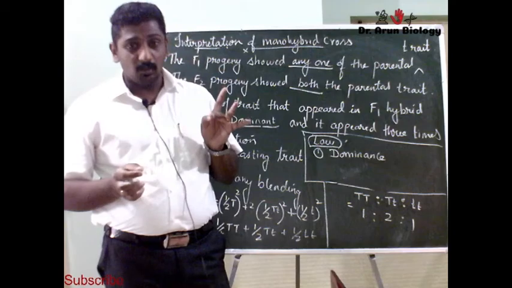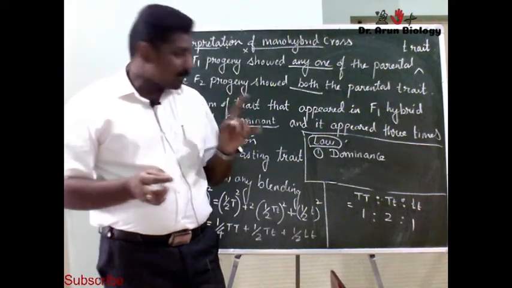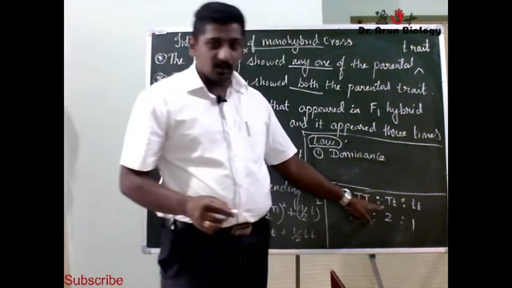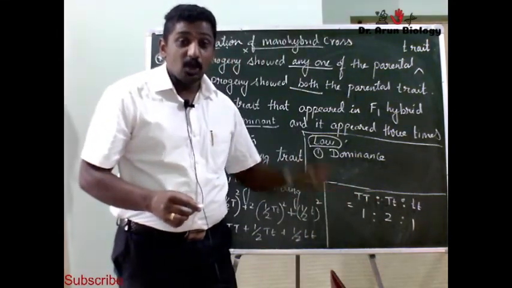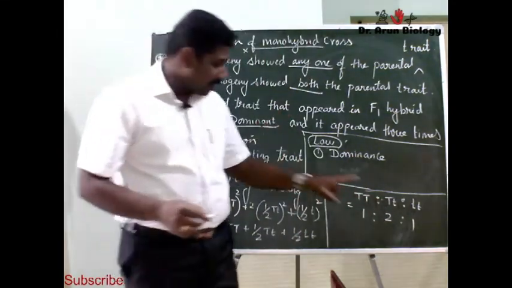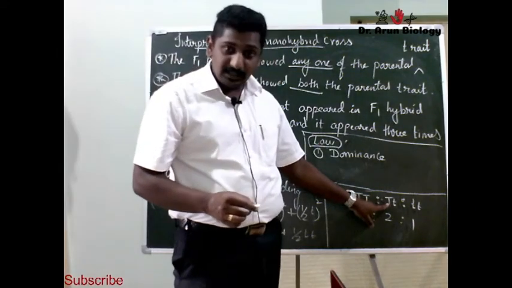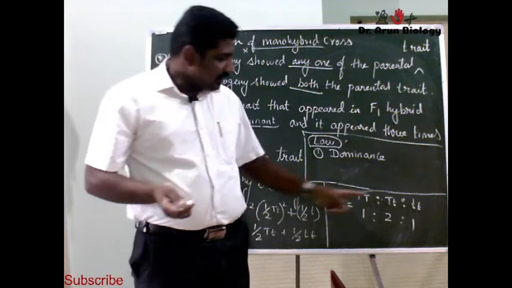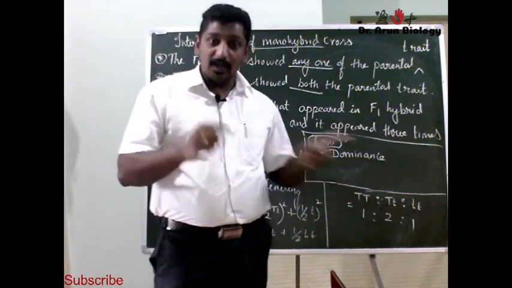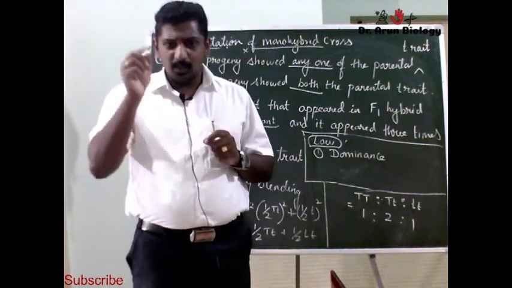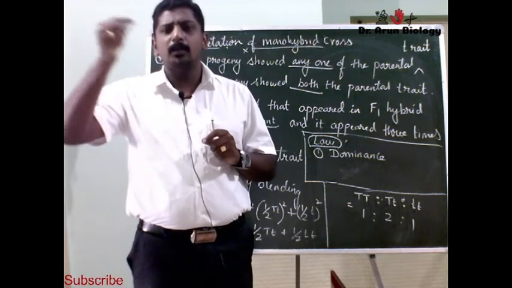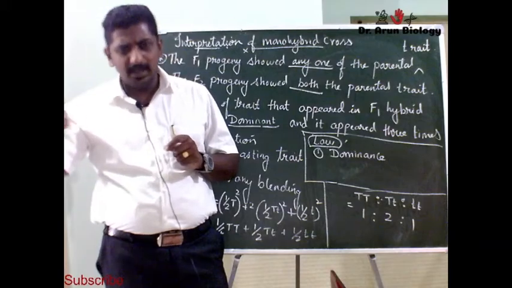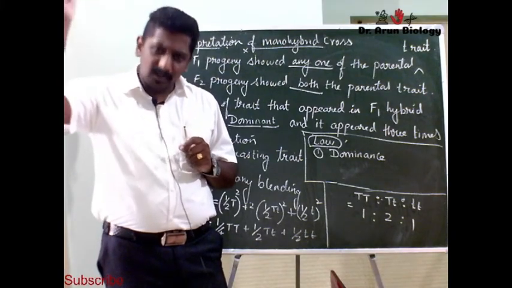Third point in law of dominance: in a dissimilar pair, as in heterozygotes, one factor dominates the other. In F2 progeny, capital T and small t, or capital R and small r, we can take anything. Capital Y, small y: capital Y is dominant over small y, exhibiting the dominant trait called yellow.